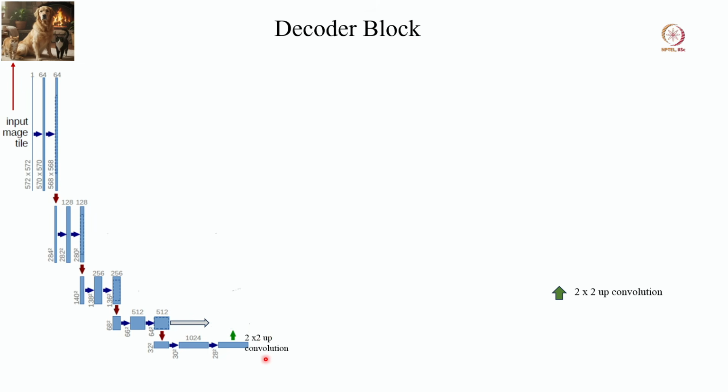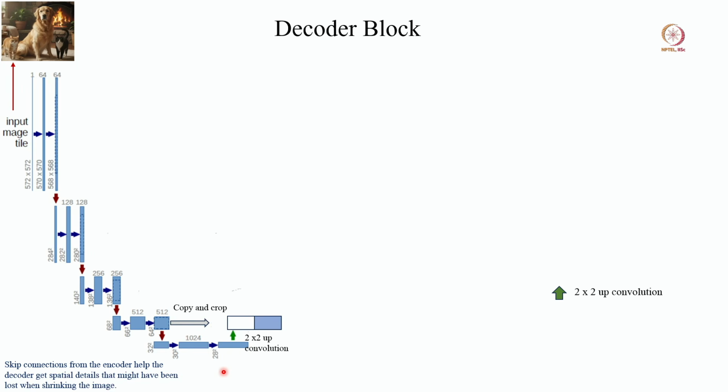Now, after this up convolution, there is something coming from the encoder, which we call the copy and crop, and this is a skip connection which is coming from the encoder towards the decoder. If we see this part, this blue part is coming from the up convolution and this white part is coming from the encoder. So this is a skip connection between the encoder and the decoder.